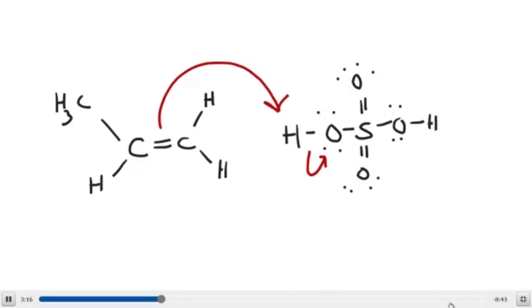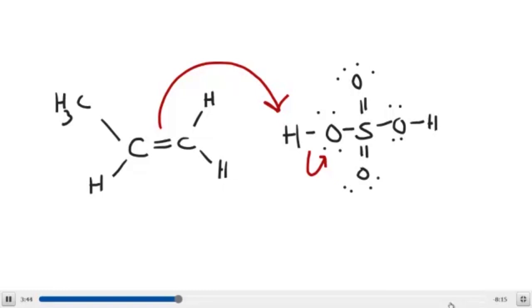Now, I'm drawing it from the electrons, not from an atom. But you need to be aware as to which of these two carbons in the double bond gets the proton. You want to make the most stable intermediate possible. This is why this is a Markovnikov addition. You want to give the hydrogen to the primary carbon, not the secondary carbon, because you would rather have a secondary carbocation over a primary carbocation.